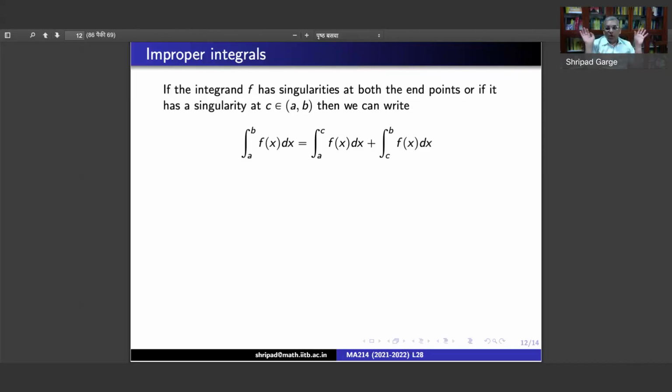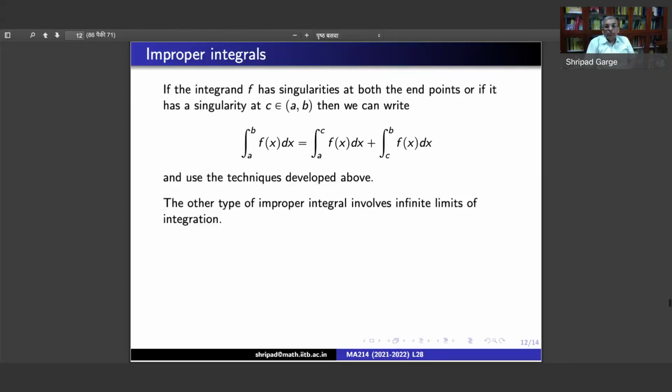So having developed all this machinery for functions which have singularities at only the left endpoint, we can take care of all these functions. Now the only case left is where your interval itself might be unbounded. So let's look at that case.